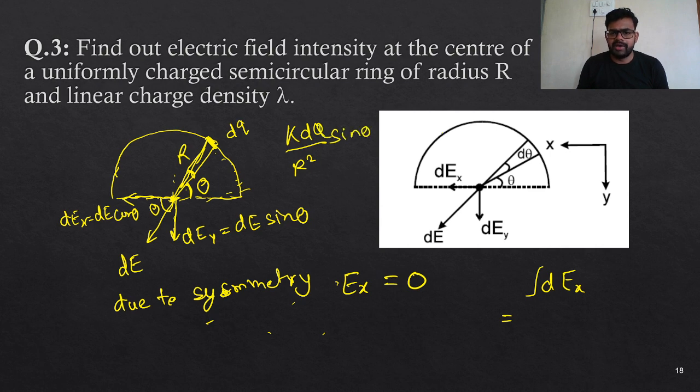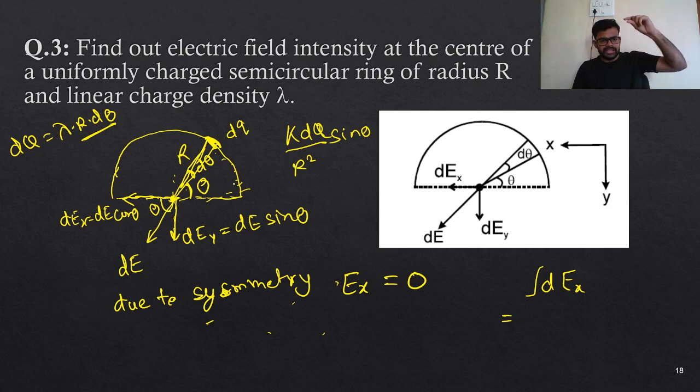How do you write the value of dq? dq is lambda into dl. And dl is what? r d theta. All of you should remember this. Why? Because this is a small segment, forming a small angle d theta, so r d theta. So here you will write and integrate it. As you integrate it, you will get the answer 0.